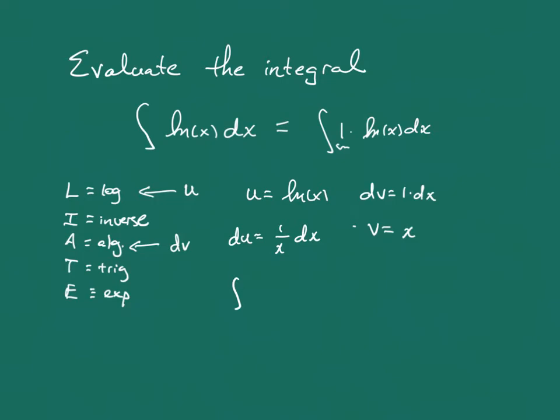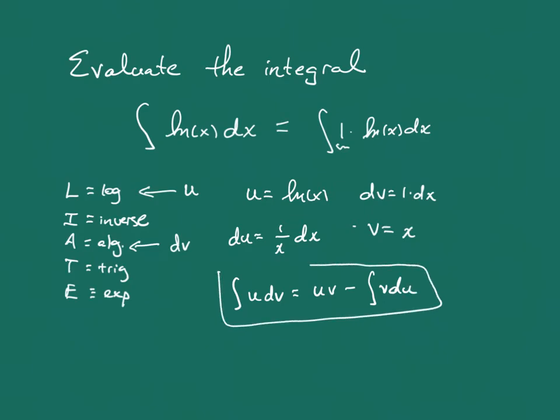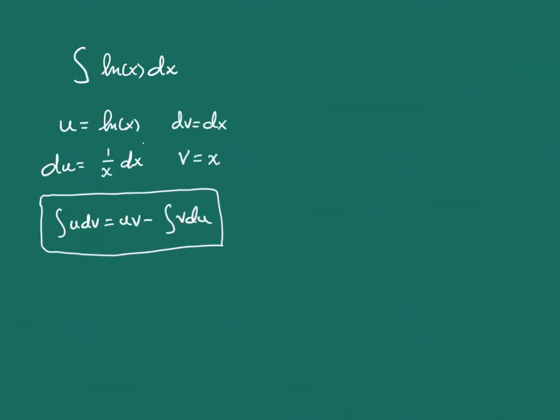So just to write that out, we've got the integral of u dv equal to u times v minus the integral of v du. And so that's the integration by parts formula that we are going to use. All right, so the setup for what we had, we're evaluating the integral of natural log of x. And so we chose u to be our natural log of x, and we chose dv.